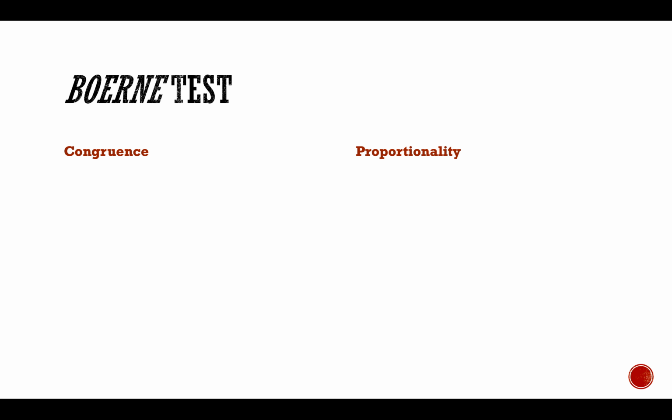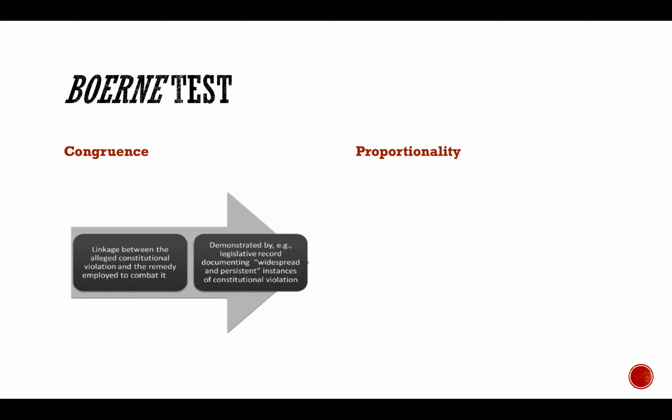So the first set of diagrams, in their attempt to explain the congruence and proportionality test, are these. When we talk about congruence, think about the linkage between the alleged constitutional violation and the remedy that Congress uses to combat that alleged violation. Congress should be able to articulate what problem exists, what constitutional violation exists that the statute is trying to remedy. And how do they do that?